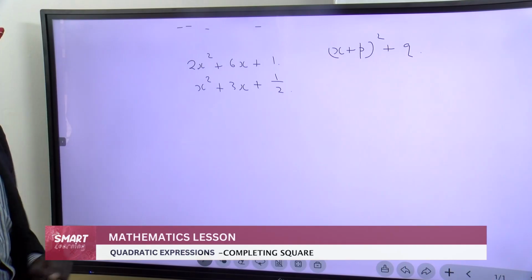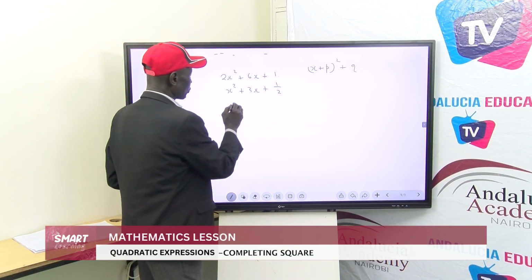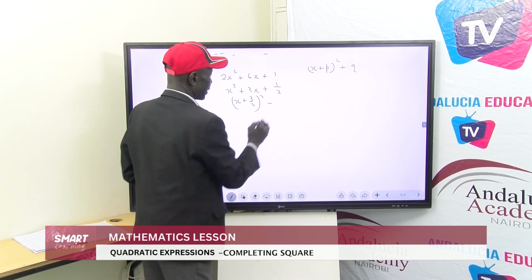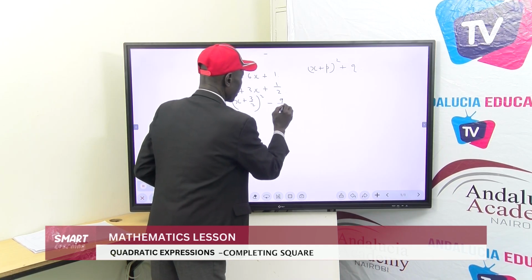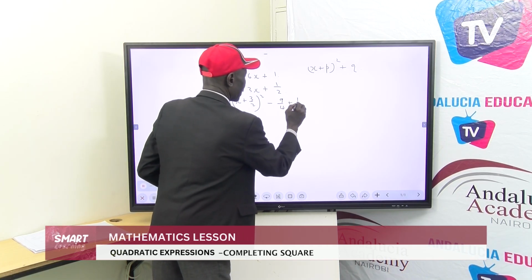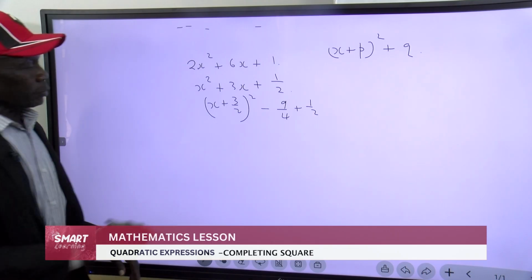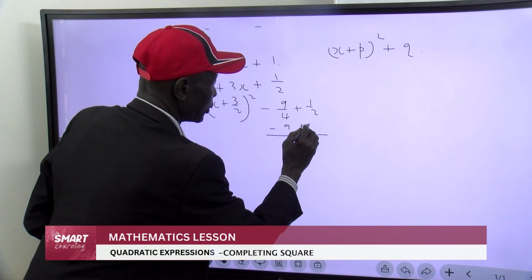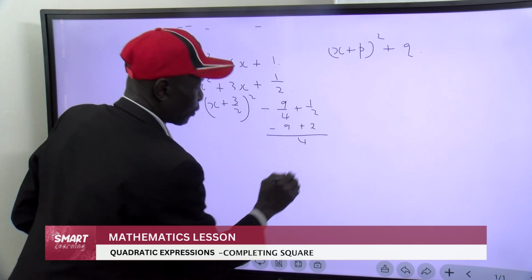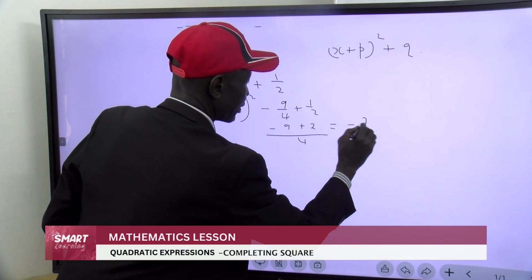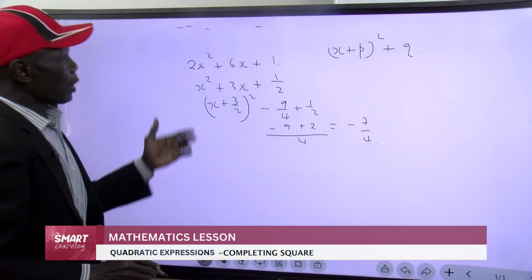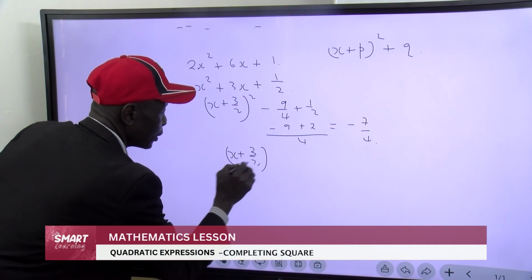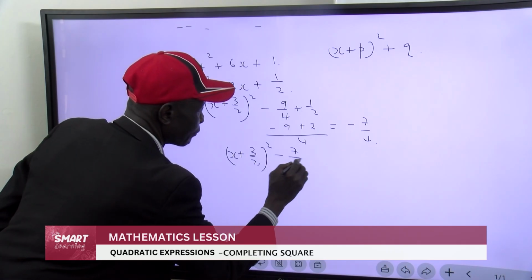Then we divide 3 by 2 to get the factor, which becomes x plus 3 over 2 squared minus the square of this, which is 9 over 4, plus a half. 4 is our LCM, so we are going to have minus 9 plus 2 over 4, which becomes minus 7 over 4. So our expression becomes x plus 3 over 2 squared minus 7 over 4.